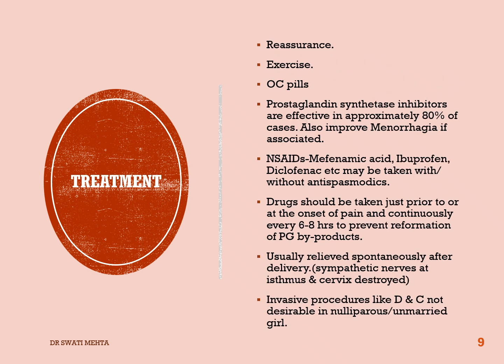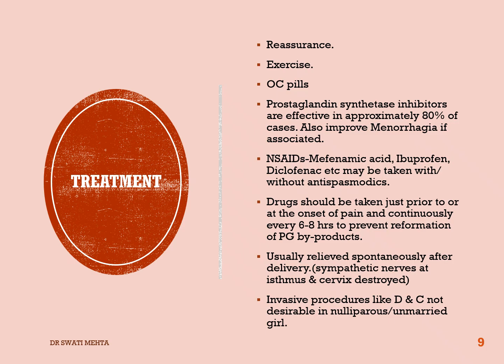Management includes reassurance, counseling, exercise, and lifestyle modification. Oral contraceptive pills suppress ovulation and reduce prostaglandin production. NSAIDs such as mefenamic acid, ibuprofen, and diclofenac are highly effective because they inhibit prostaglandin synthesis.